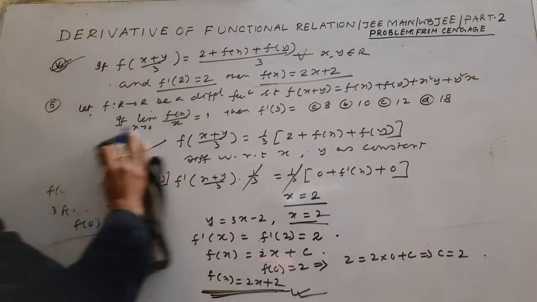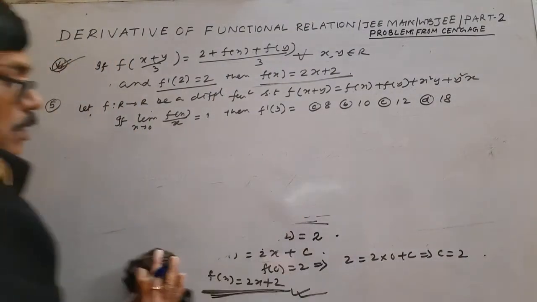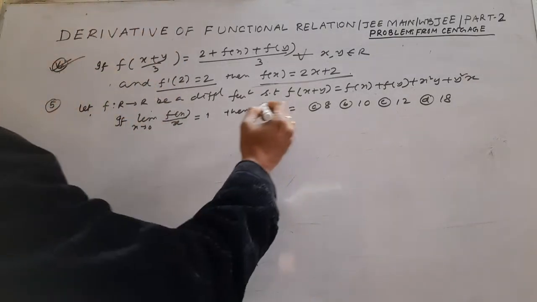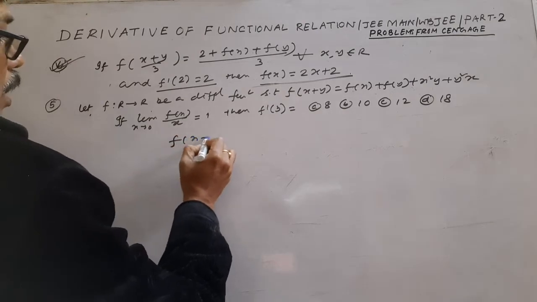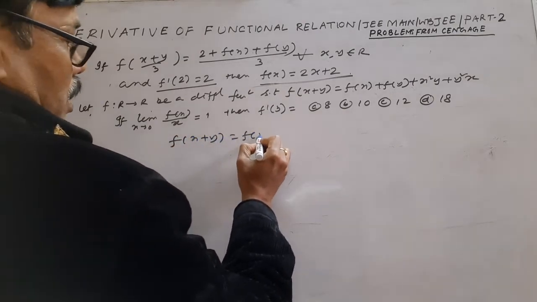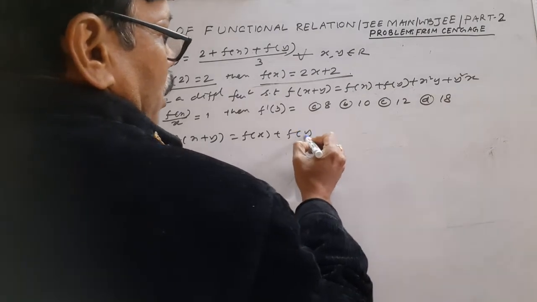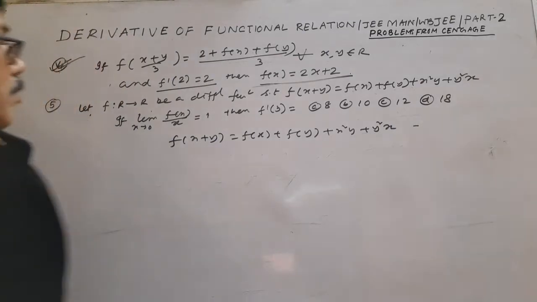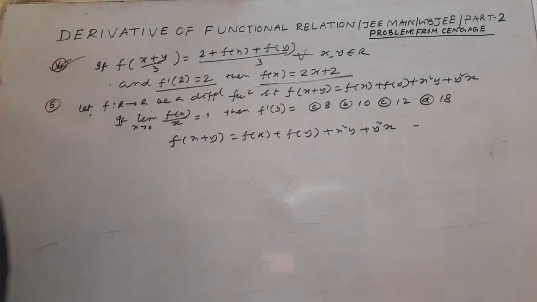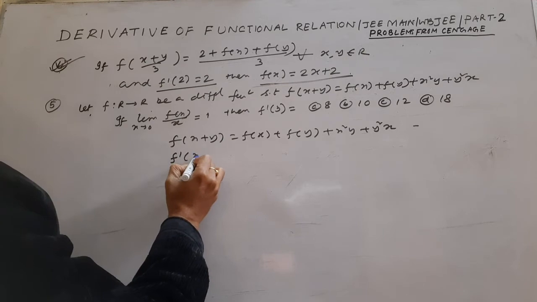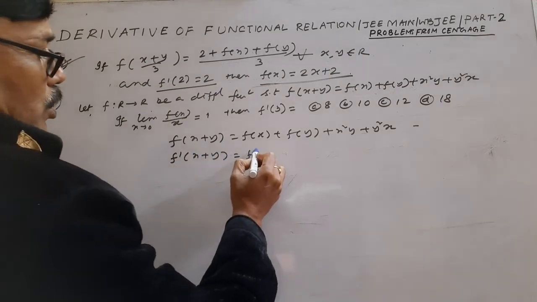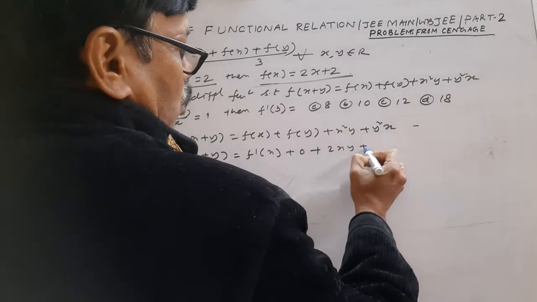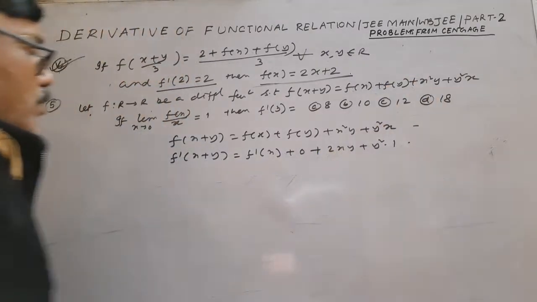Now problem number 5. The relation is f(x + y) = f(x) + f(y) + x squared y + y squared x. So differentiating with respect to x, f'(x + y) equals f'(x) plus 0 plus 2xy plus y squared into 1.